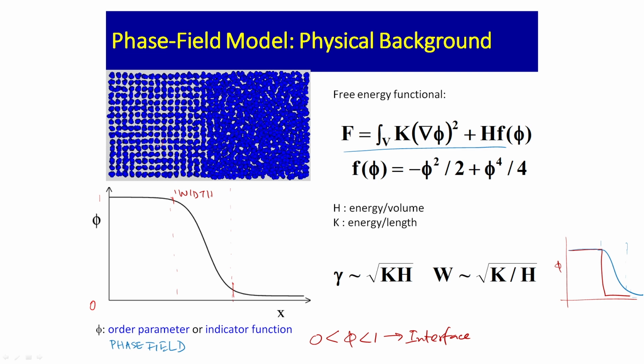For this phase at the top, the phi value is 1, for this phase phi goes to 0. In the interface, phi varies from 1 to 0. That is why we can track the interface very easily by simply looking at the values of phi as a function of time, how it evolves.